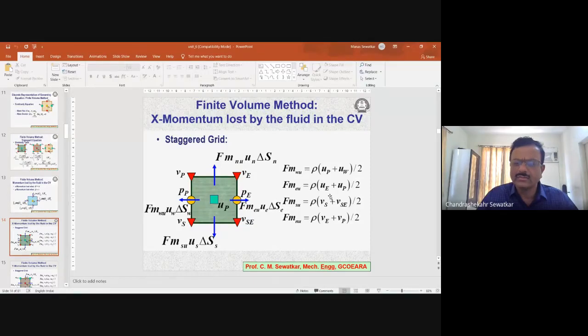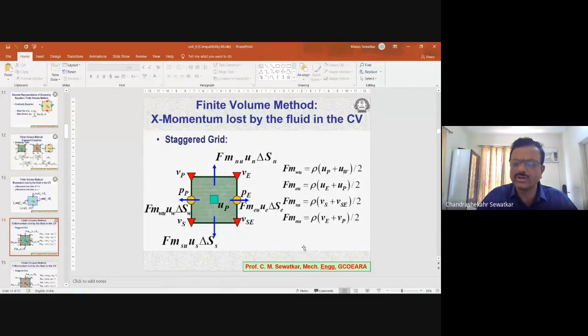From those mass fluxes we multiplied by area, and then further multiplied by the convected variable. For the x momentum equation, it is of course the U velocity, and from that we can write down the x momentum loss through each of the phases, which requires mass flux to be calculated at each of the phases.